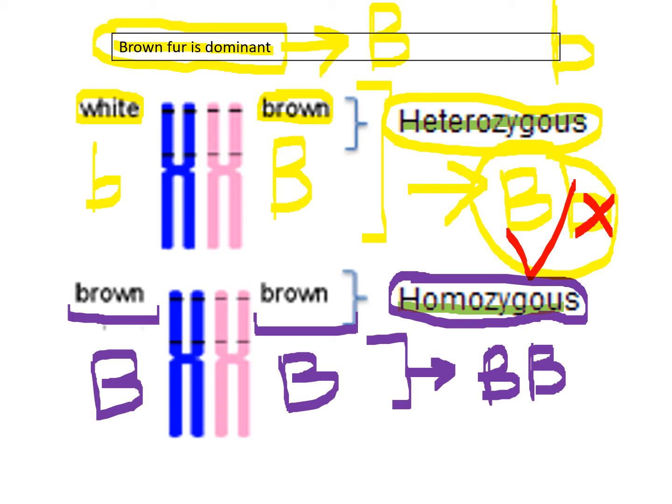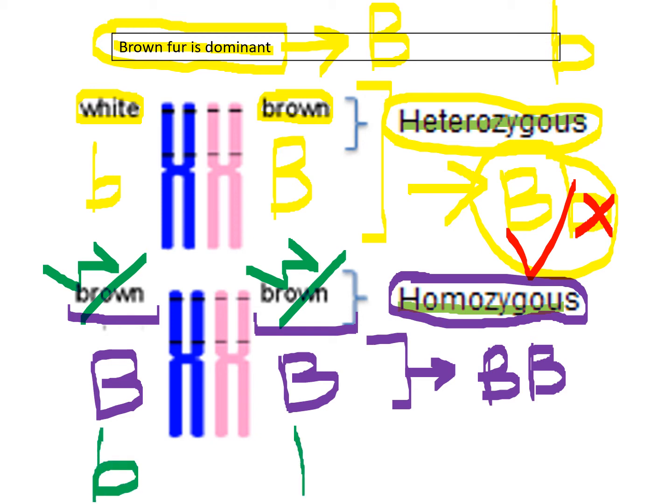However, there is also a possibility that instead of having brown allele and brown allele, we can have white allele and white allele. And in that instance, we will have a small letter b and a small letter b. Remember, we have to keep the letters the same because we are talking about the same gene.